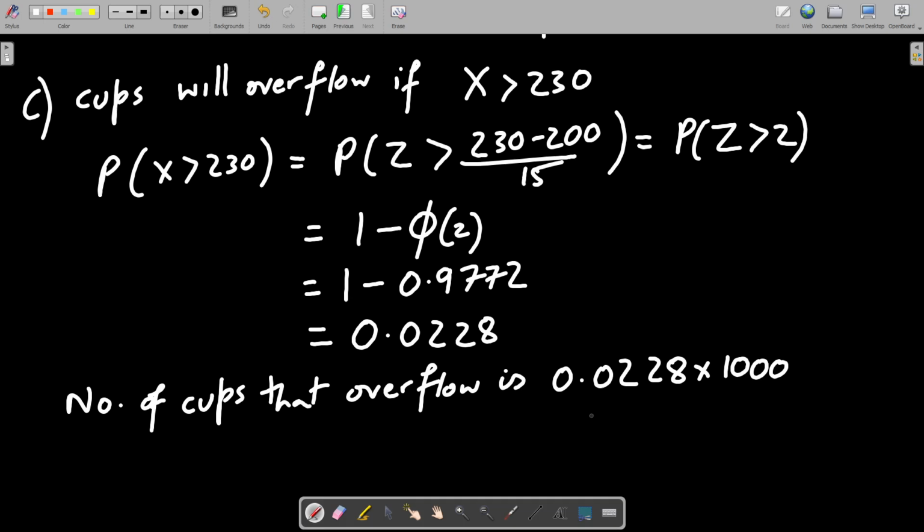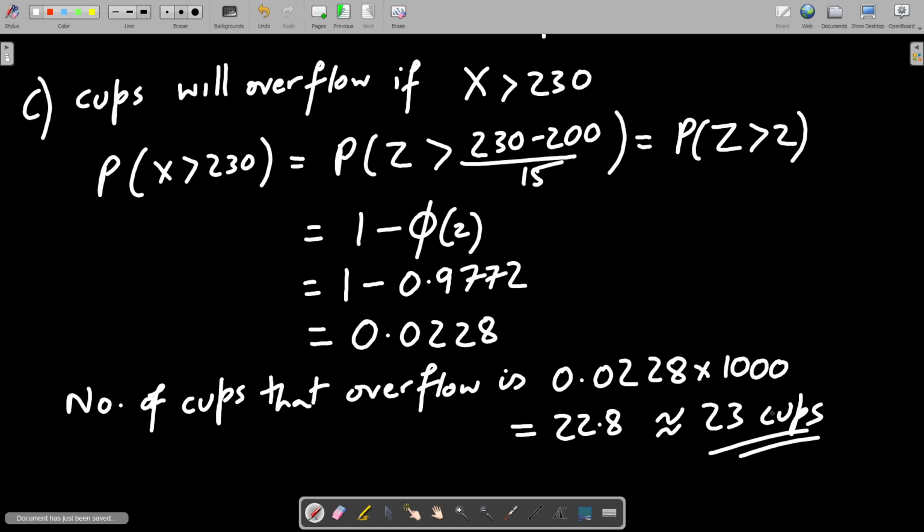So this is approximately equal to 22.8, which is approximately 23 cups. 23 cups will overflow. So basically 23 people are going to get 30 ml extra cold drink in their cups. Lucky people.